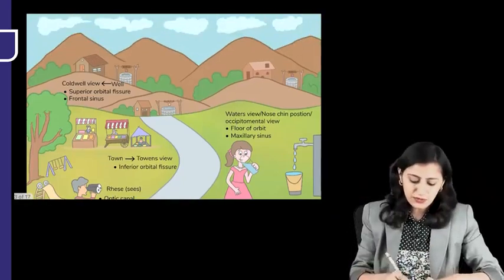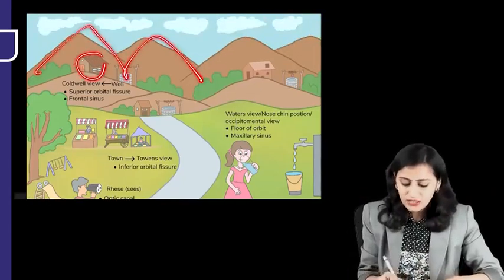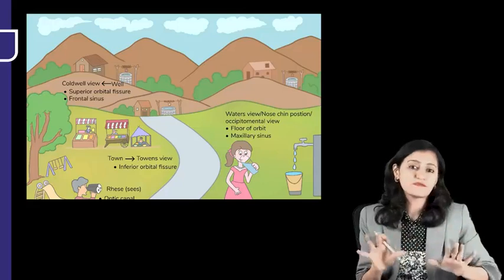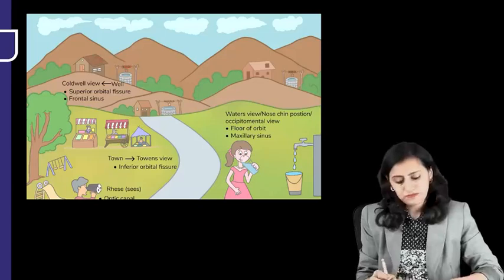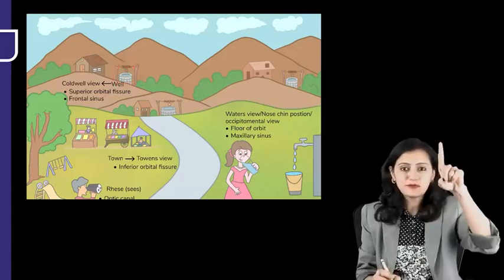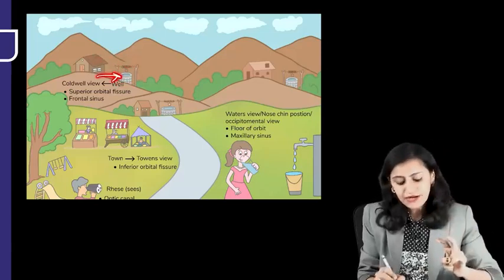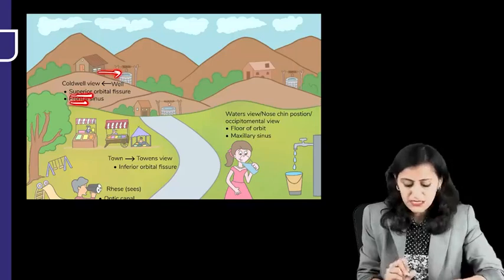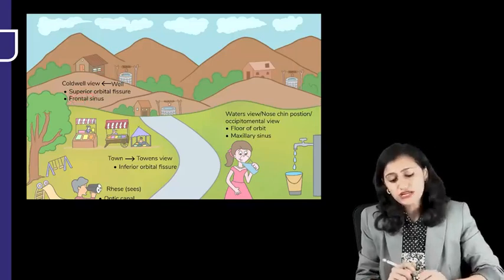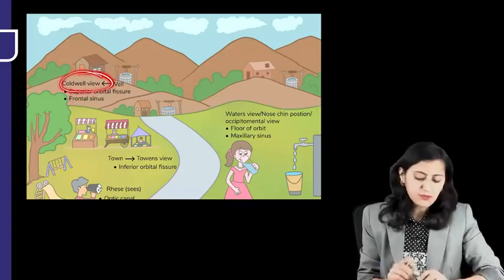Superiorly in that area are the hills, and on the hills are the houses of the native people. In front of each house there is a well. So remember, well is located superior and in front of the house. So well is the Caldwell view, located in front and superior, for the superior orbital fissure and frontal sinus. We have the Caldwell view for that.